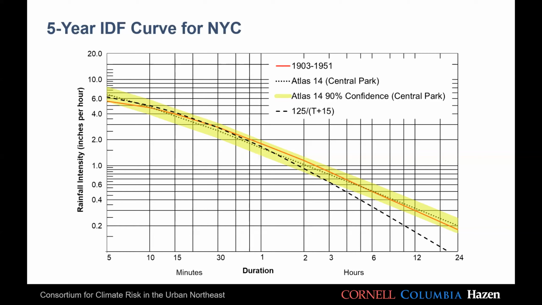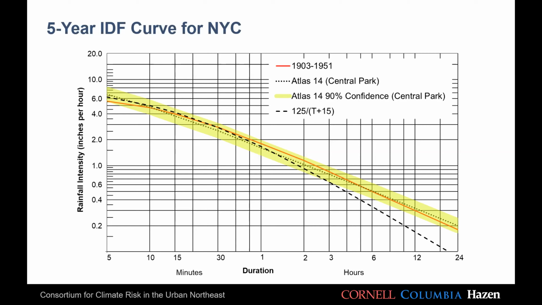It gives you the ability to click on anywhere in the United States and get design storm intensities for both partial duration and annual maxima approaches. But it also uses the most updated data. So it's based on data through the present day.